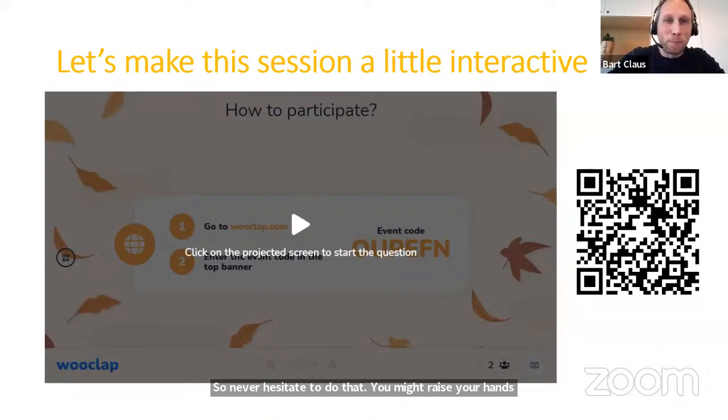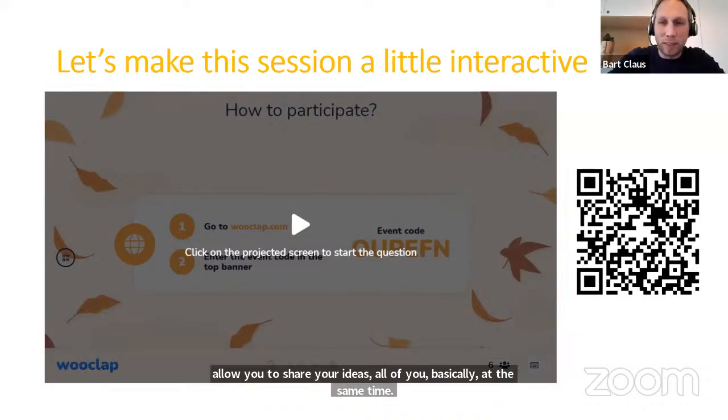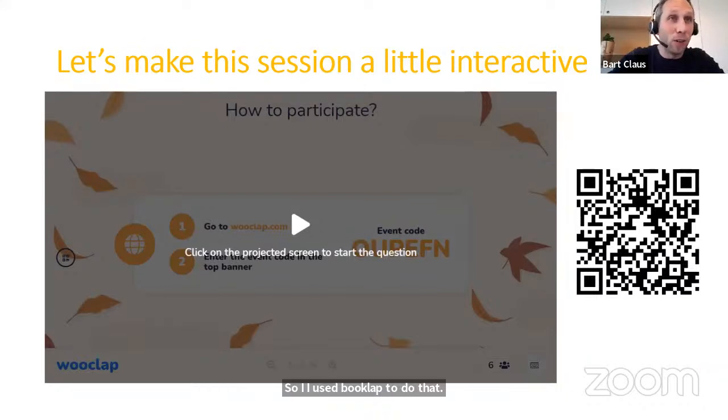But I also built into this session some slides that allow you to share your ideas, all of you basically at the same time. So I used Wooclap to do that. You see here a QR code that you can scan with your cell phone.